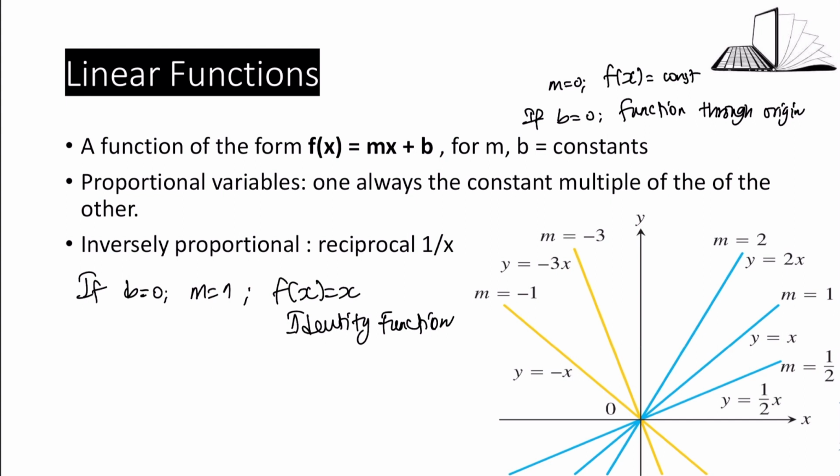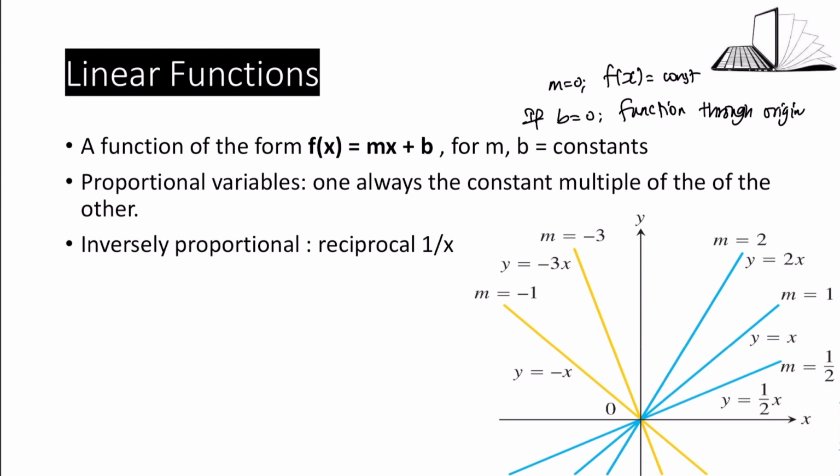Now, what are the proportional relationships and what are the inversely proportional relationships? A proportional relationship is whenever we have a constant multiplied by x. For example, if y is equal to kx, whenever x changes, y changes by a multiple k of that change.